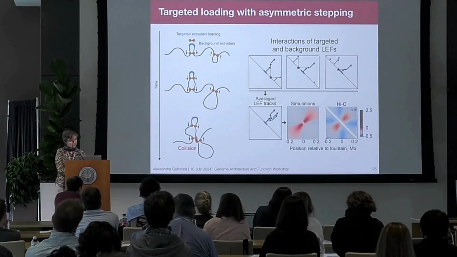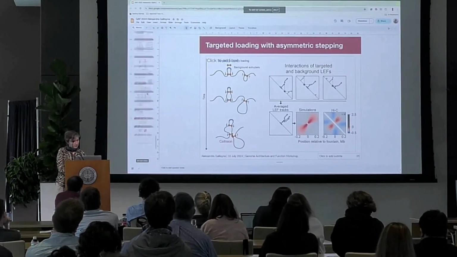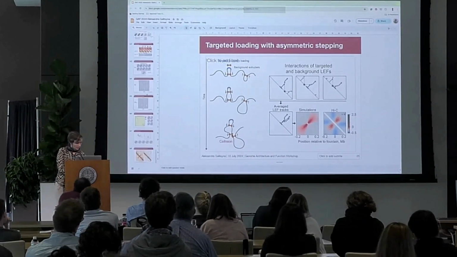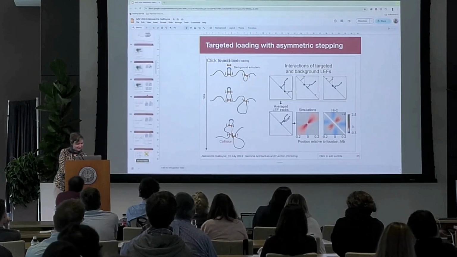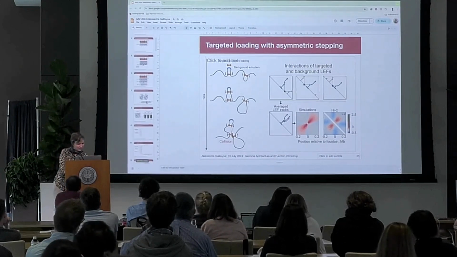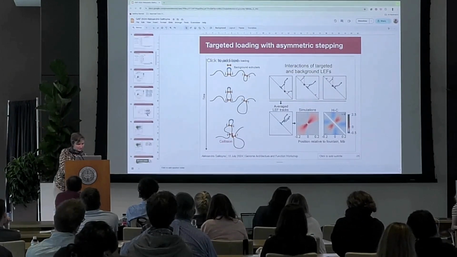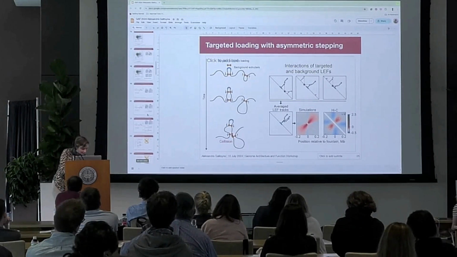Yeah. I don't think I have slides on that, but it's very beautiful to see this volcano in the simulated ChIP-seq profile. Here I have it for the average data, but it's nicely reproduced in the simulations. This one.